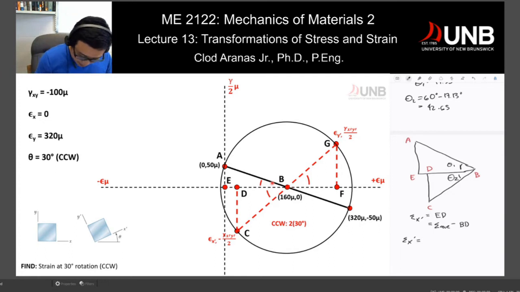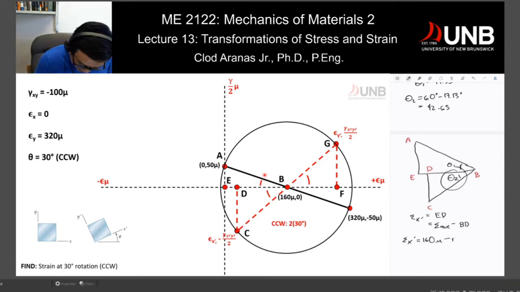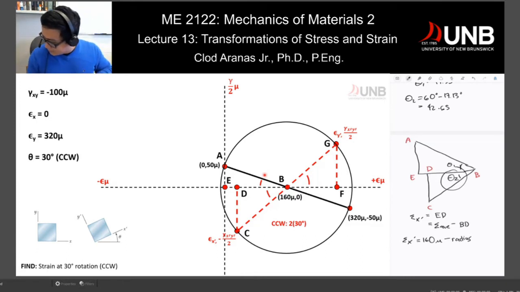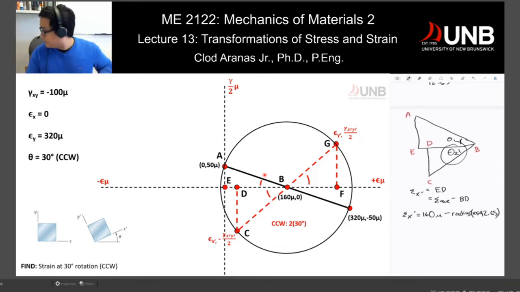We can obtain DB by using this radius and this angle, which is theta sub 2. So that would be the radius of our circle times radius cosine of 42.65. Just checking if you can see that.